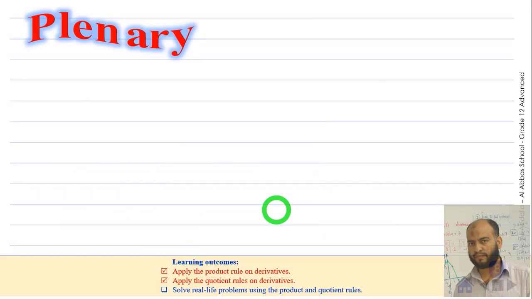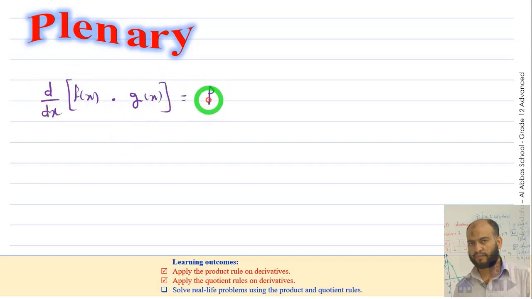In this part of our lesson, we have learned that we can apply the product rule to find the derivative of the product of two functions. For two functions f(x) and g(x), the derivative of f(x) times g(x) equals the derivative of f(x) times g(x) plus f(x) times g'(x).